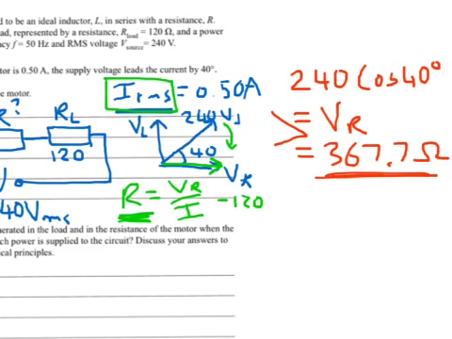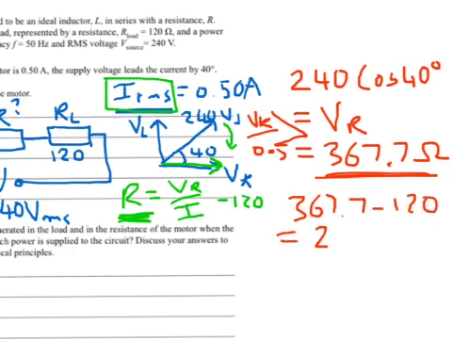But you have to divide it by the 0.5 to get this total resistance here. Once you've got that total resistance, 367.7 minus 120 gives you 247.7, or 250 ohms, for that resistance.